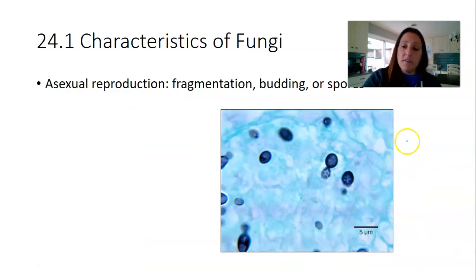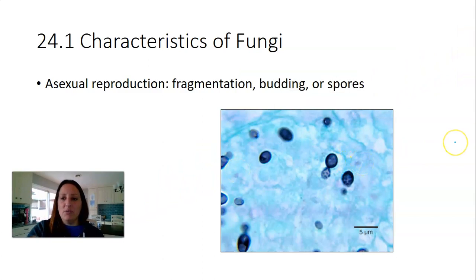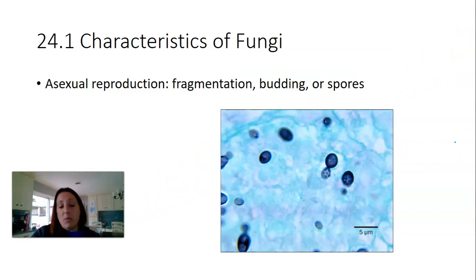Okay, so some fungi can only reproduce asexually, and we're going to be getting into evolution pretty soon in lecture. So I'll just tell you that, and you probably know this already from our meiosis work, that asexual reproduction doesn't increase genetic diversity, whereas sexual reproduction does.